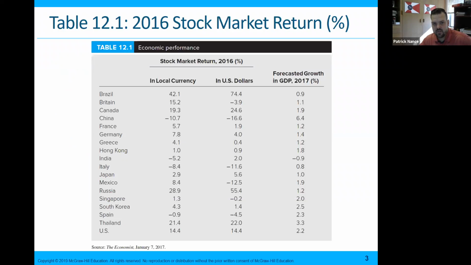So this is a chart that shows economic performance of local currencies versus US dollar currencies within other countries. You can see, and obviously US is equal because we're not a different country, so local currency versus US dollar should be 1-to-1 there.